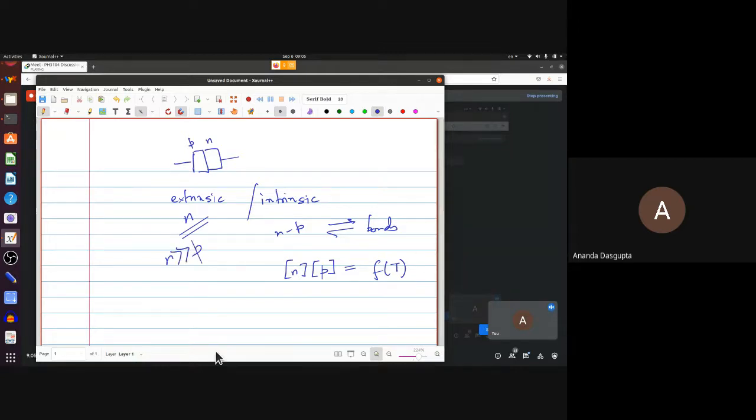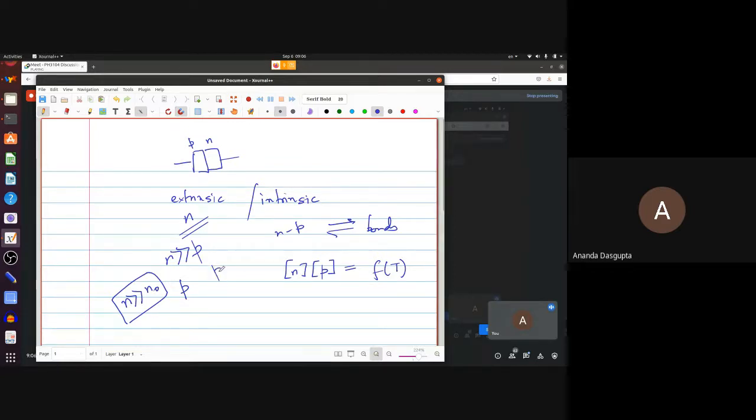What is very important is that the number of electrons of course exceeds the number of electrons in a corresponding intrinsic semiconductor at the same temperature. So n is much bigger than n0, where by n0 I'm just denoting the concentration of electrons at the same temperature in an intrinsic semiconductor. But what about the holes?